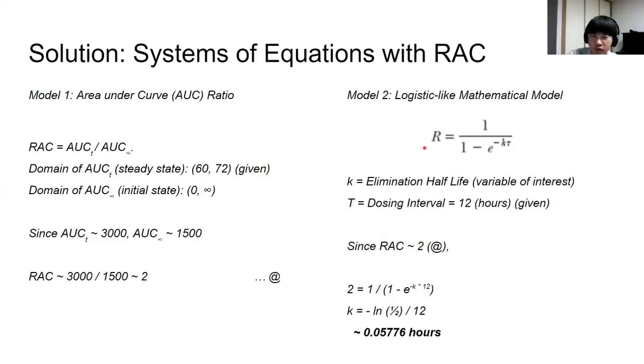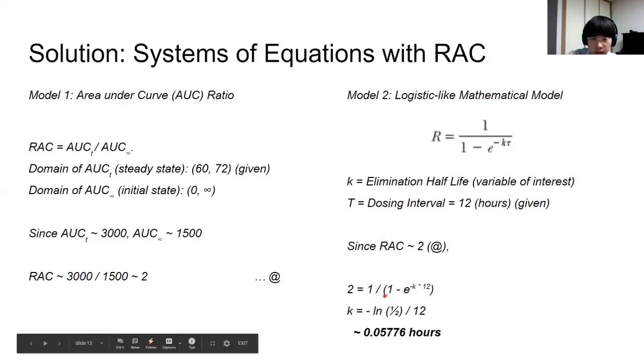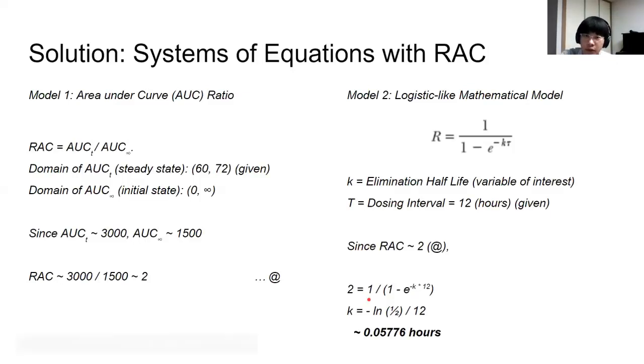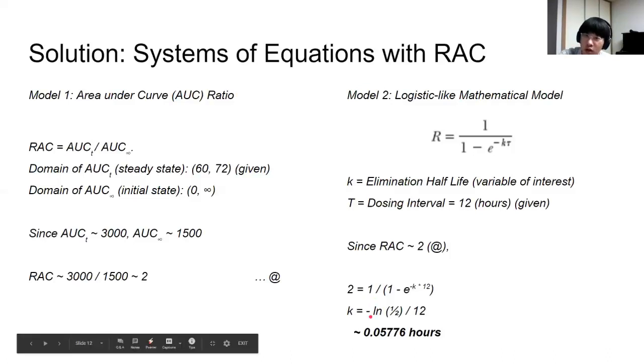From here we use simple algebra: we substitute R with 2, move the denominator, multiply it together, simplify, and take the natural log in order to remove the exponent, the Euler number. Then K equals the negative of the natural log of 1/2, divided by 12, and this is around 0.05776 per hour.